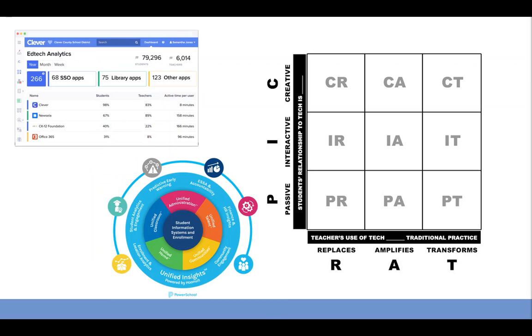Okay, one more. So these are a little bit different. These are more for administrators at school. So Clever, some of you might know Clever as something that provides a single sign-on so that students can access all their apps and stuff from one screen instead of having separate passwords and usernames. But it also provides some analytics where administrators can see how different devices are being used and how much time.